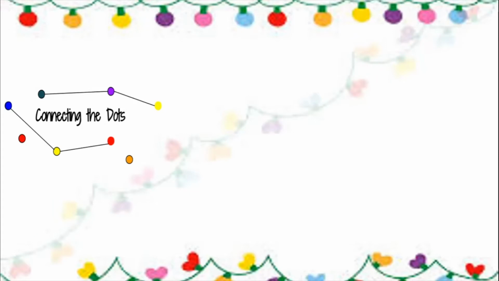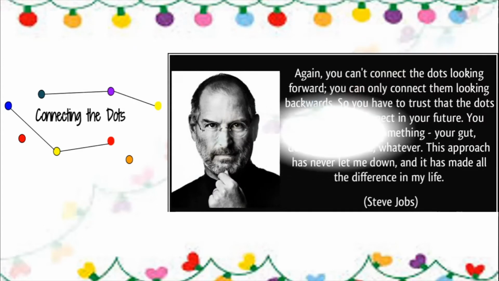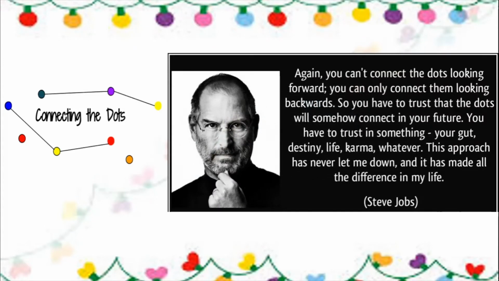So when you say joining the dots, Steve Jobs said that you cannot connect the dots looking forward. That is, you cannot think that in my life this is going to happen in the future, and then I will make use of those particular actions or activities in order to do something else.